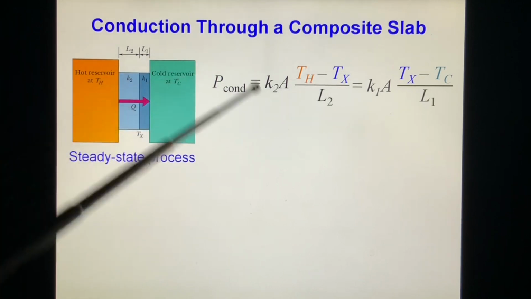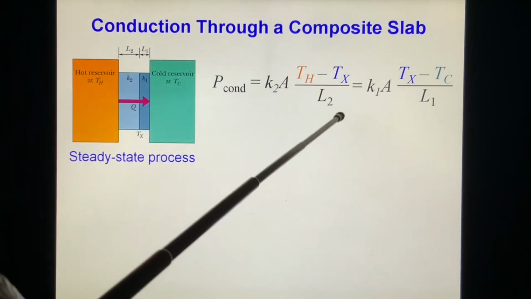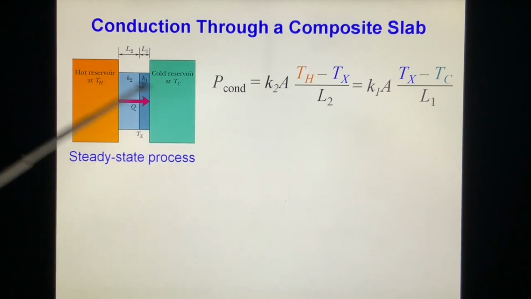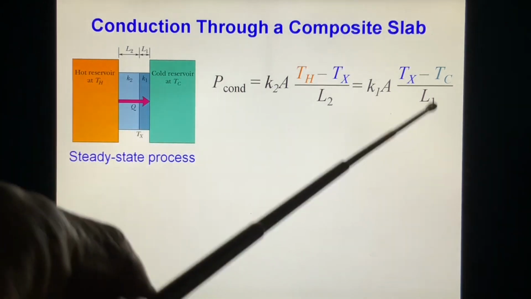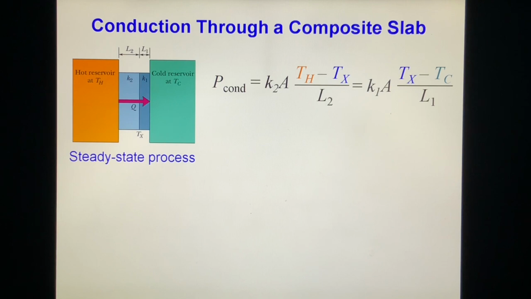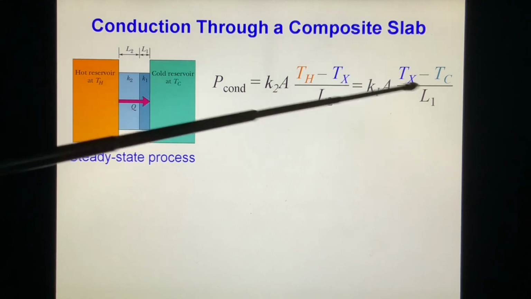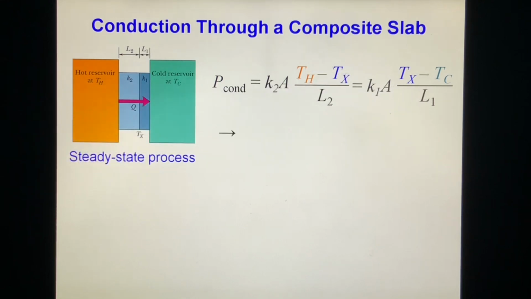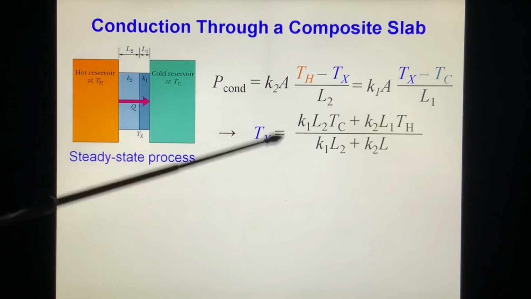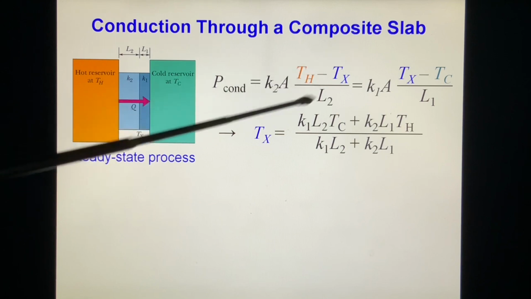This is physics: in a steady state process, the heat passing through 2 is equal to the heat passing through 1. From this equation, I can find Tx, the temperature between them. Once we find Tx, we put it back and we can find P.